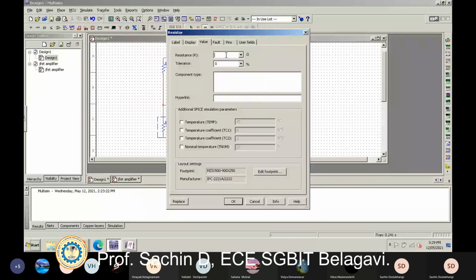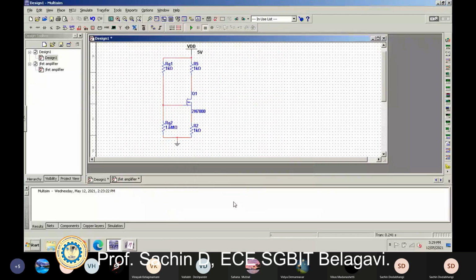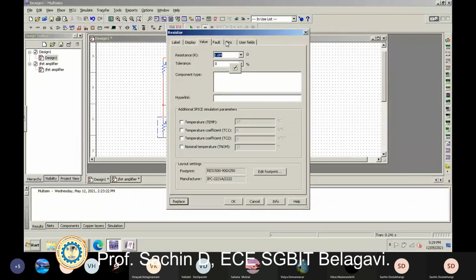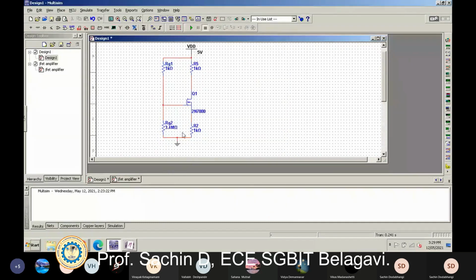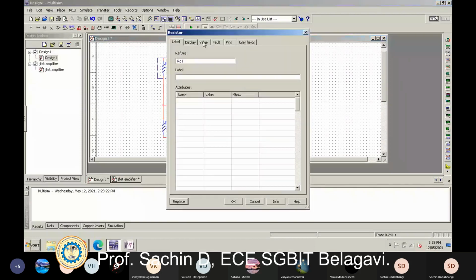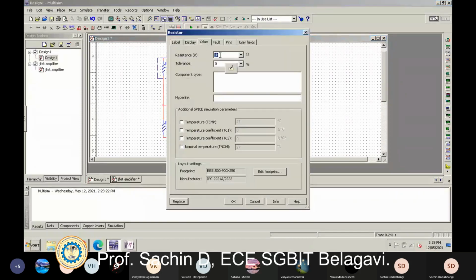So let's take this one as 1.6 mega ohm. Let's take the other as 3.4 mega ohm.